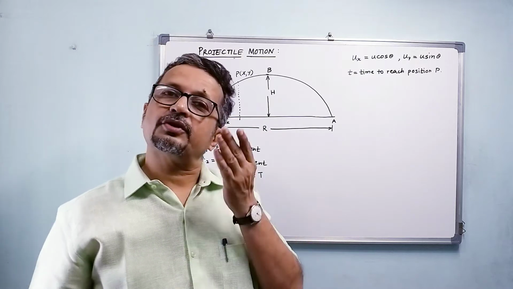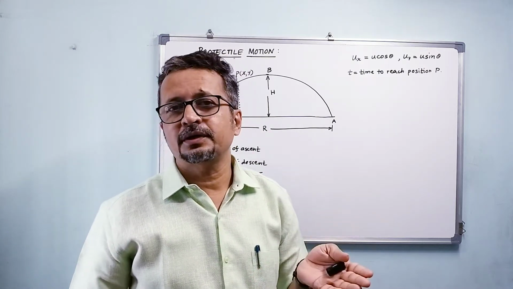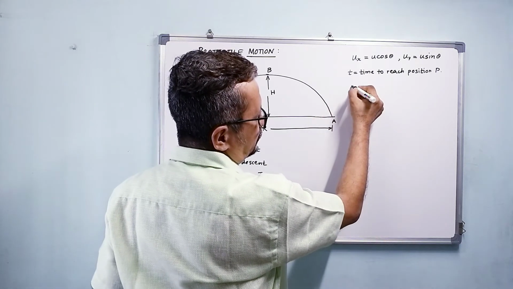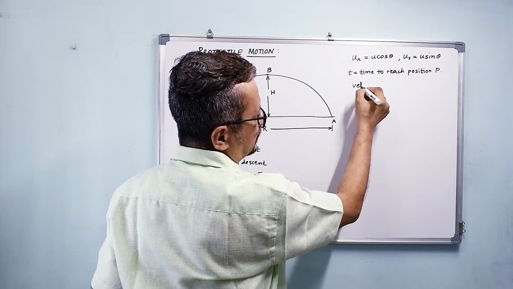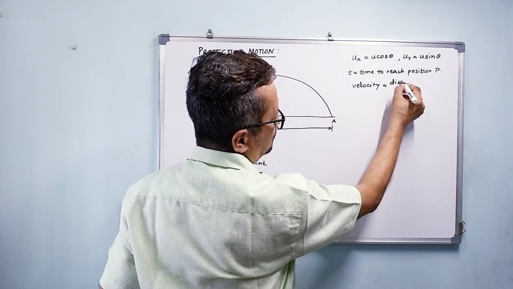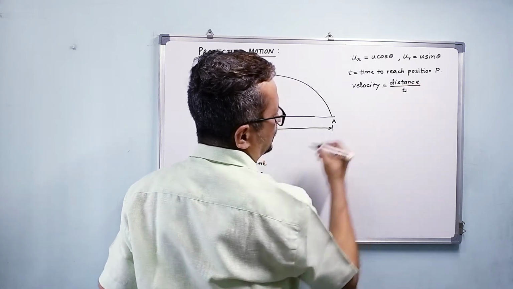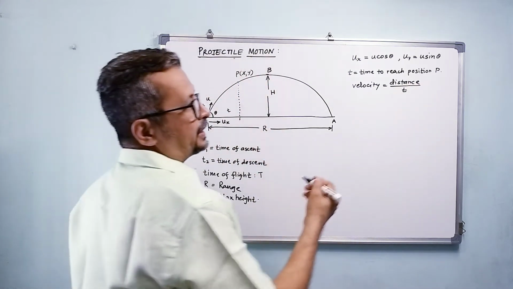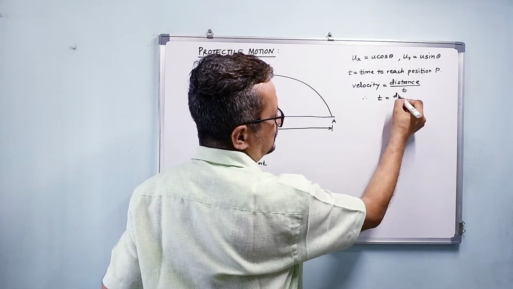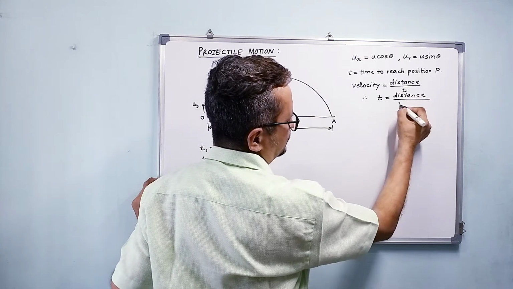And for uniform velocity, velocity is equal to distance upon time, so time is equal to distance upon velocity.